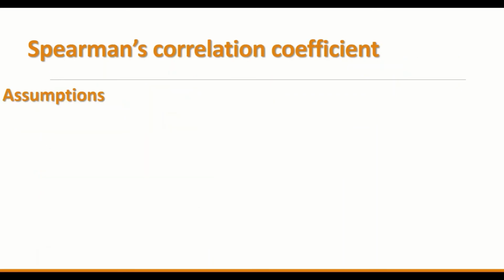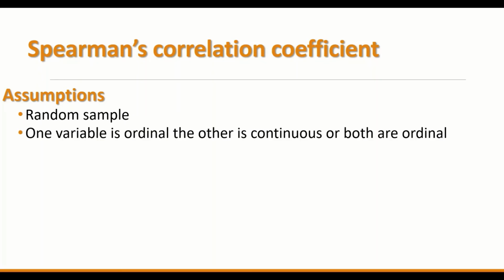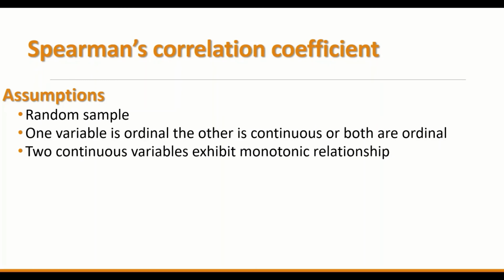Now, to do the test, the data has to fulfill certain requirements and assumptions. The data has to be random. One variable is ordinal, the other is continuous, or both are ordinal, or two variables that are continuous but they exhibit a monotonic relationship.